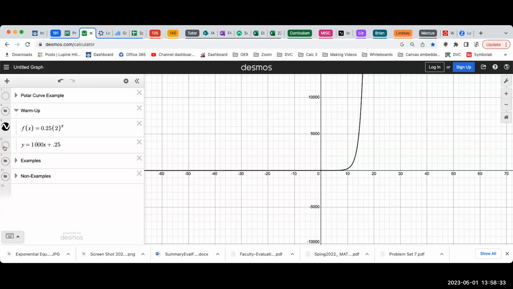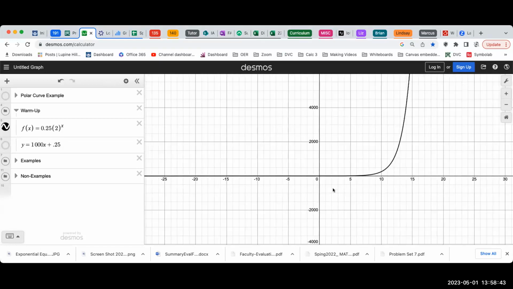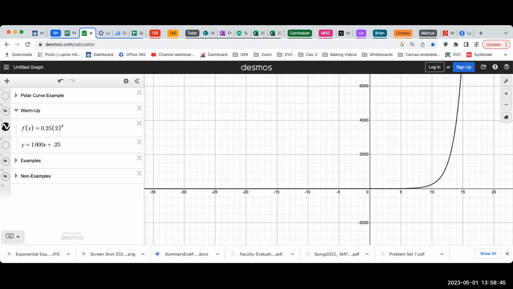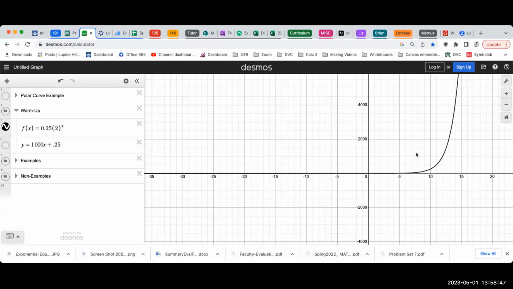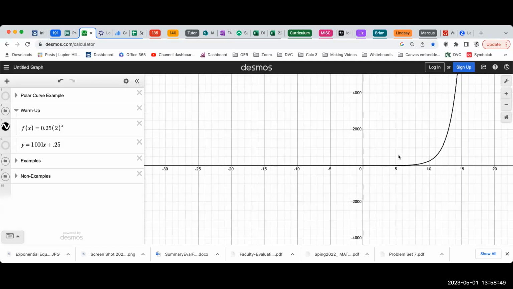All right, so just real quick, let's observe some quick facts about these graphs. What do you guys notice never happens to this graph? It's never negative. Is there an x-intercept?